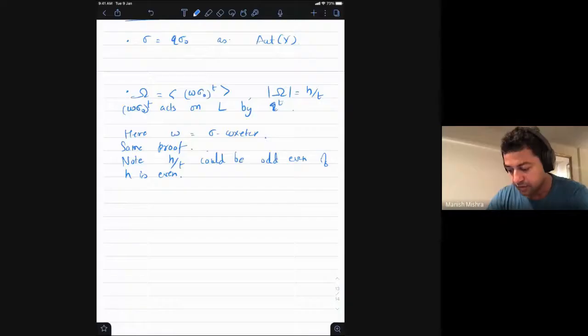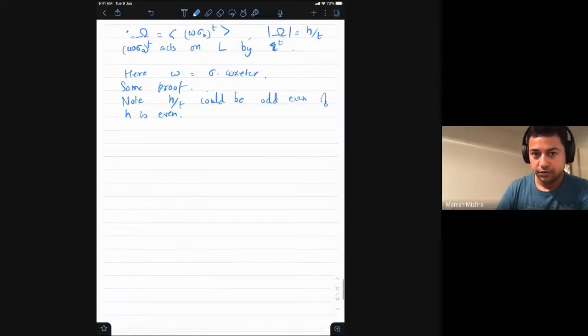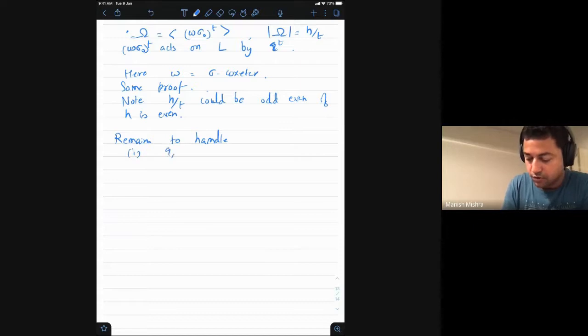And so there are two situations to handle. Case one remains to handle that q comma h is equal to 2 comma 6, and case two is that h mod t is odd.